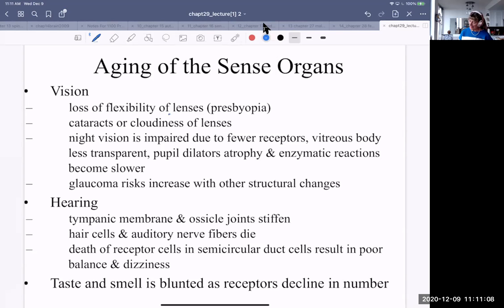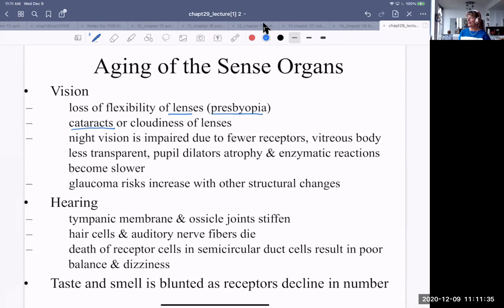The lenses are less flexible. That leads to presbyopia. So that's why an individual cannot see close up in the aging eye. Cataracts also form. That's a cloudiness of the lenses. But cataract surgery is very common now, and it's quite amazing. I've had it myself.